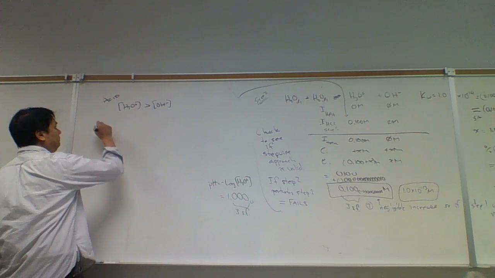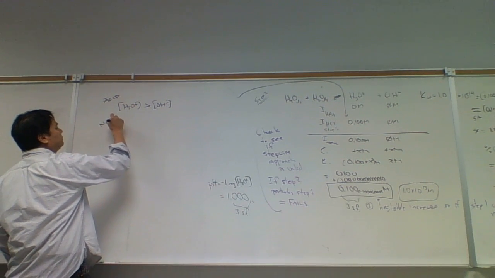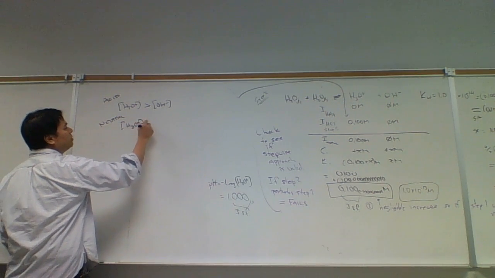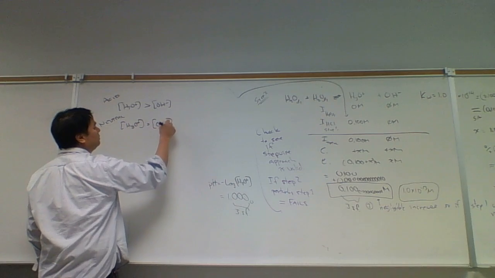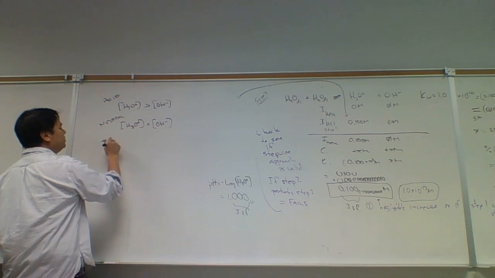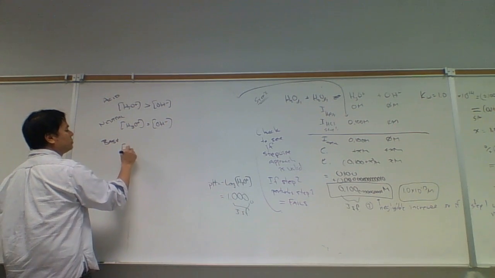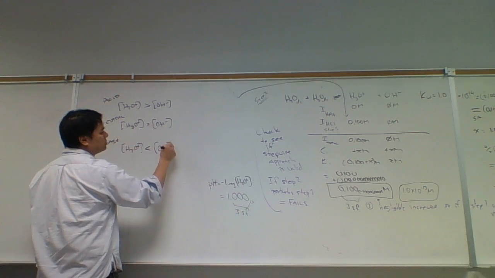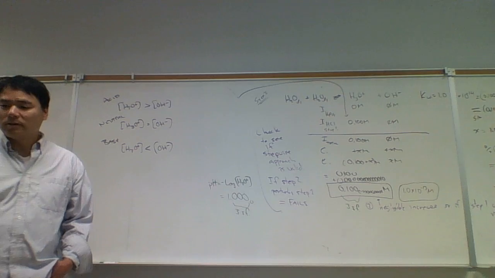Neutral means that the hydronium ion concentration equals the hydroxide ion concentration. And base solutions will have a hydronium ion concentration that is less than the hydroxide ion concentration. And so this is what it means here.